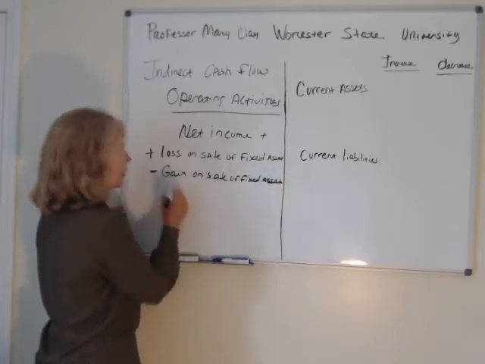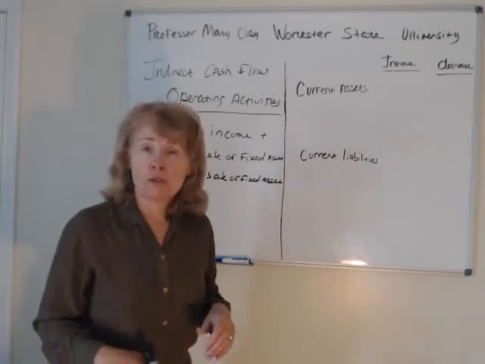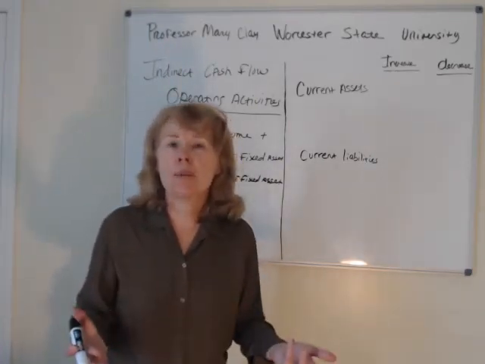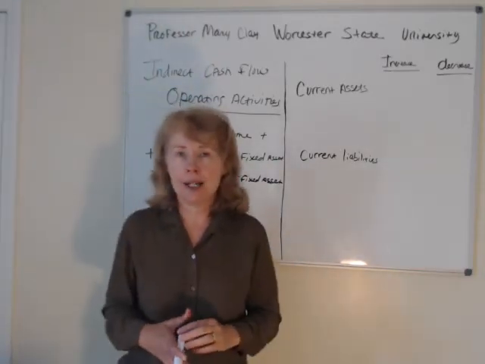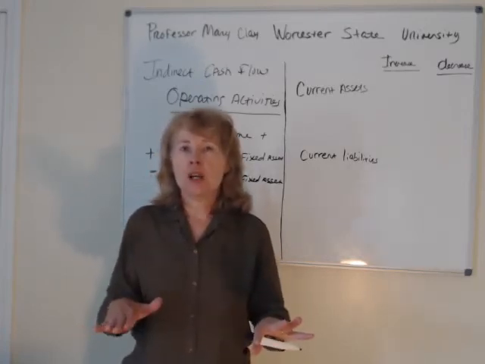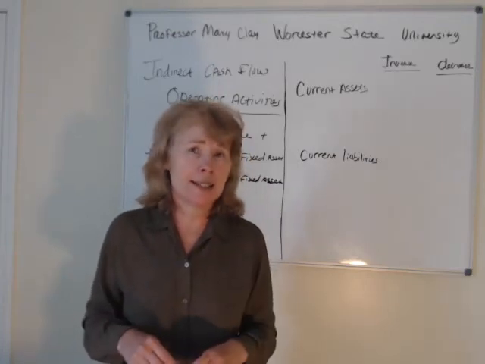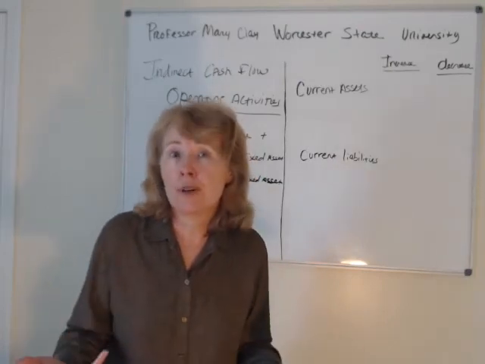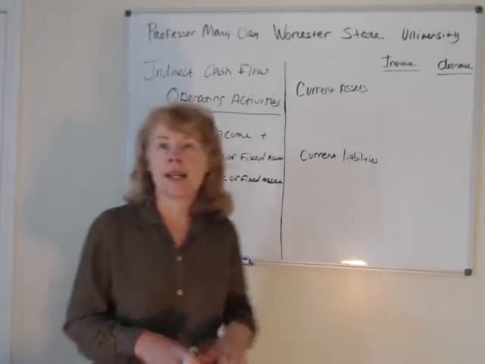If it's a gain on sale of fixed asset, you'll always subtract that. Okay, here's why. I already told you fixed assets go in the investing section. Well, here's the problem. These particular items are already in net income, so what you have to do is clear them out. You do the opposite of how they originally affected net income. A loss would normally subtract from net income, so in order to get it out, you're going to add it.